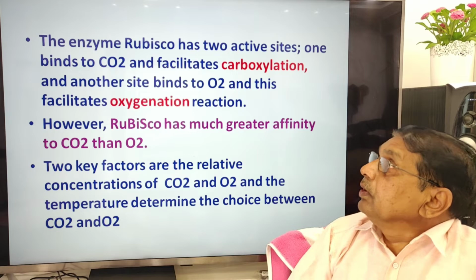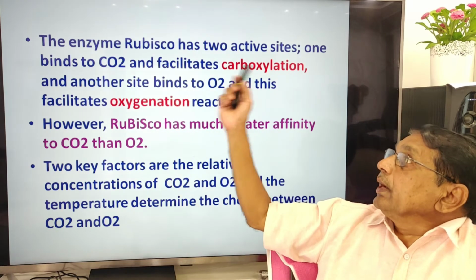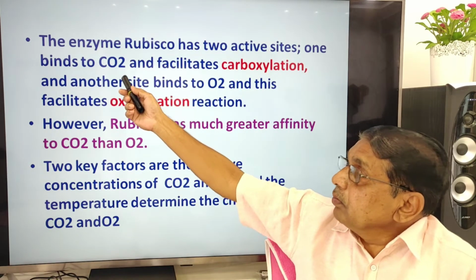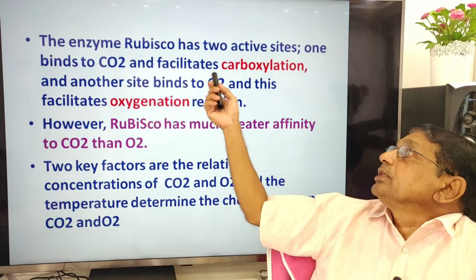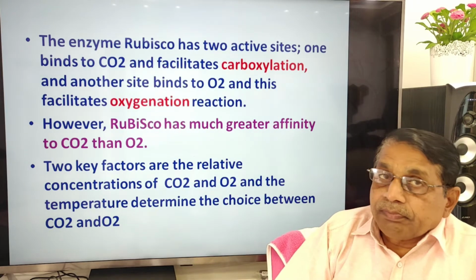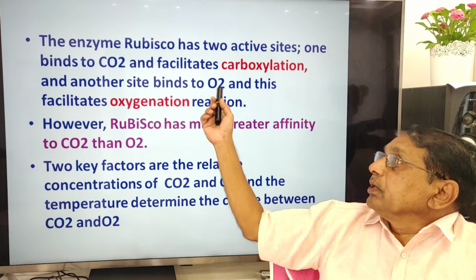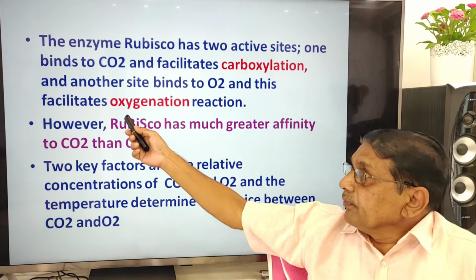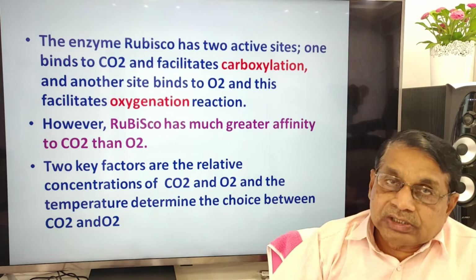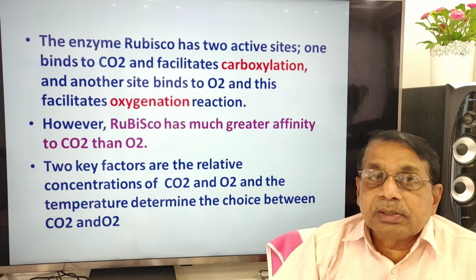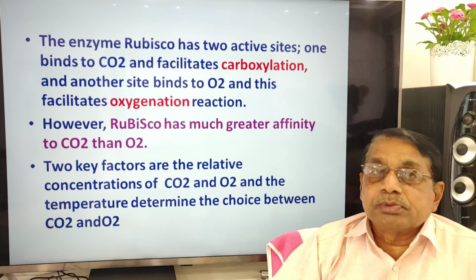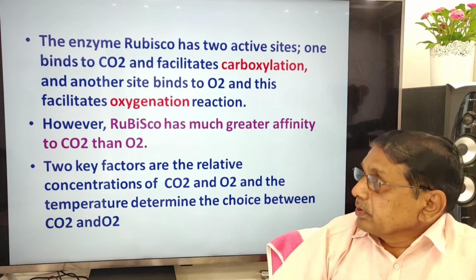It has two active sites. One binds to carbon dioxide, facilitating carboxylation. The other active site binds to oxygen, facilitating oxygenation. When it absorbs oxygen, the process is oxidation; when it absorbs carbon dioxide, carboxylation.